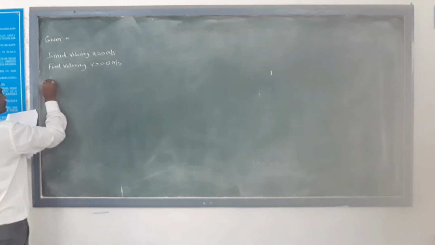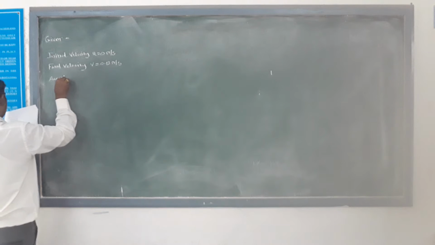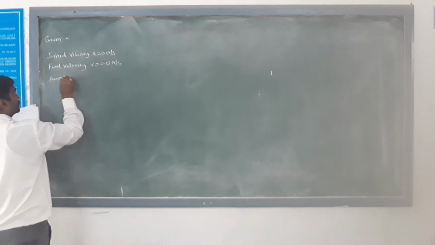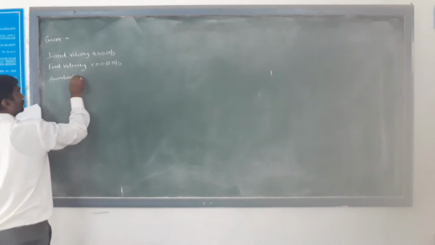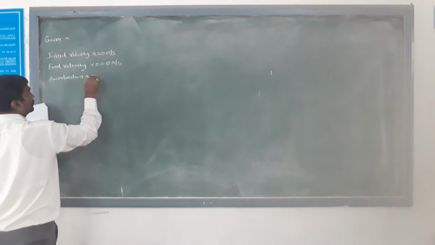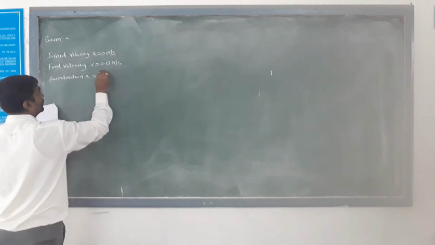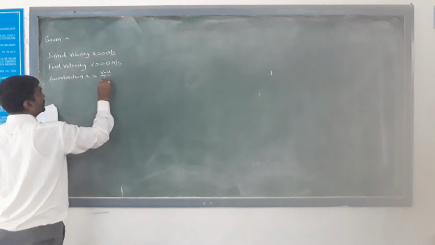Acceleration is equal to v minus u upon t.